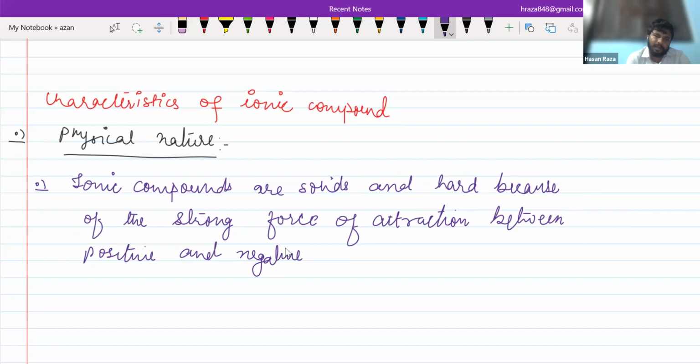So a question can be asked like, why ionic compounds are solids or hard? Because of the strong force of attraction between positive and negative ions.